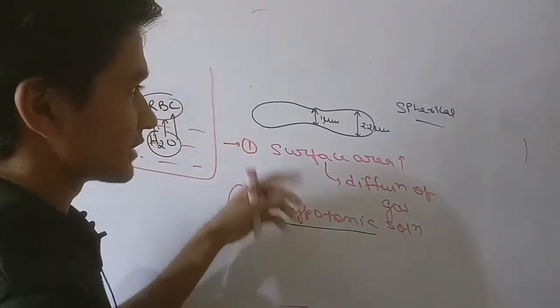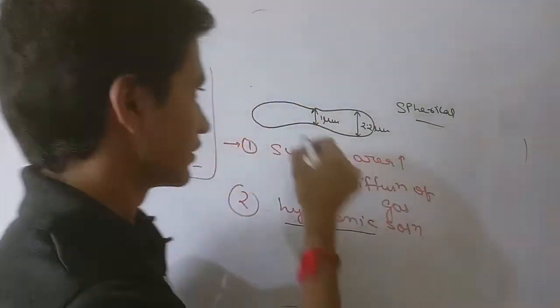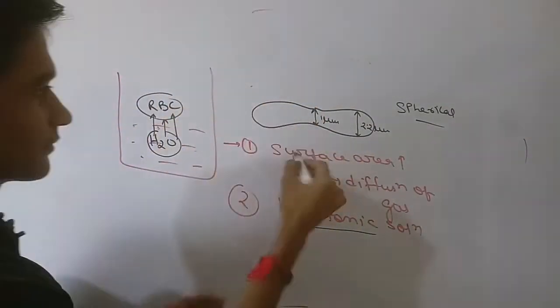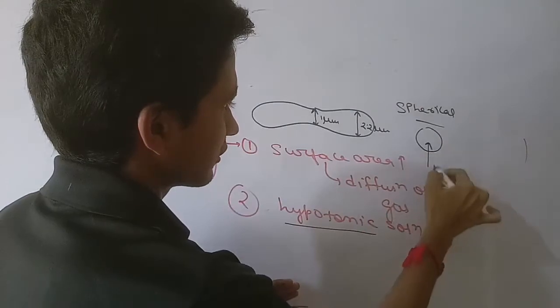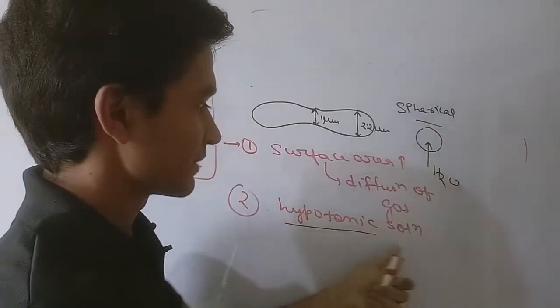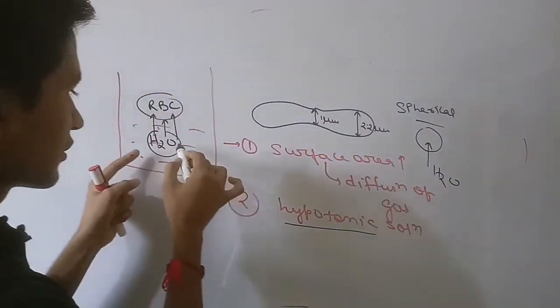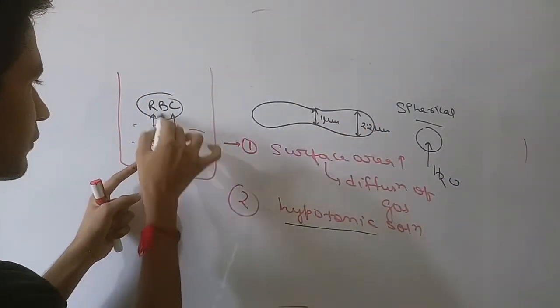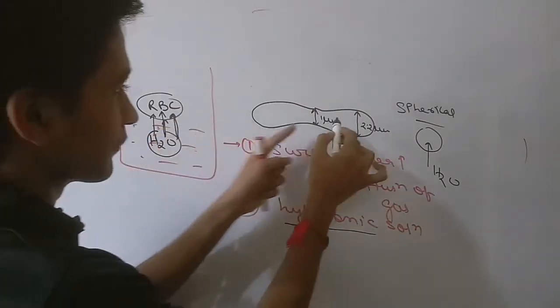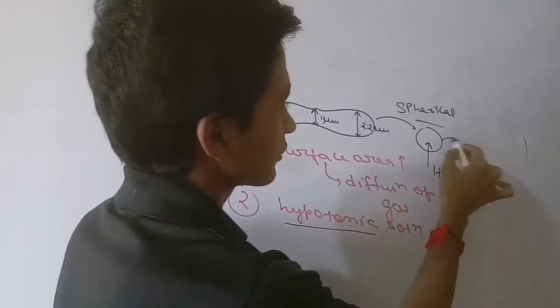If the shape of RBC were spherical, then water would enter the RBC, and it would quickly burst when placed in hypotonic solution. But the shape of RBC is biconcave, so at first water from the hypotonic solution enters the RBC, and the RBC converts from a biconcave cell into a spherical cell, and then it undergoes bursting.